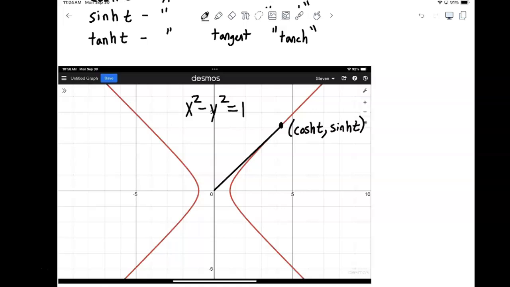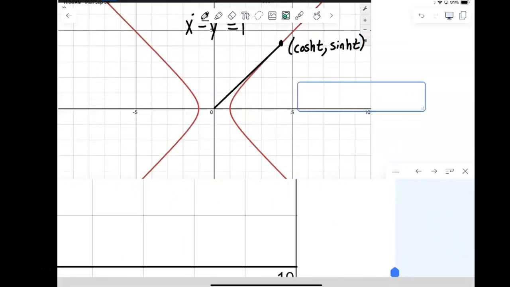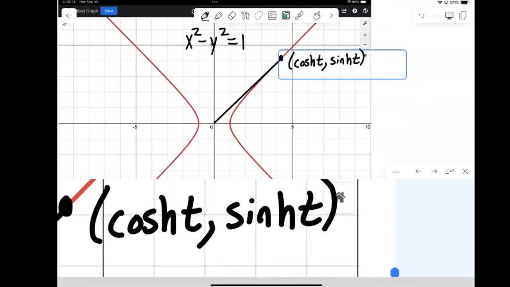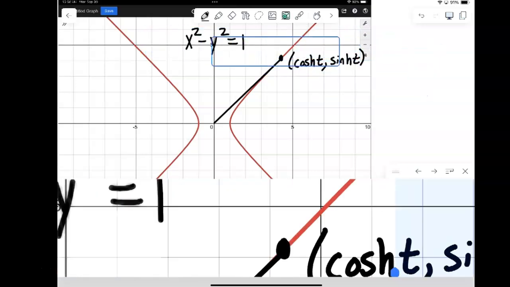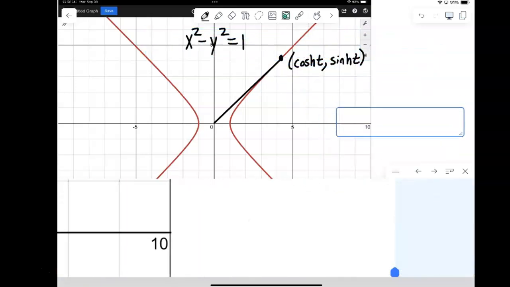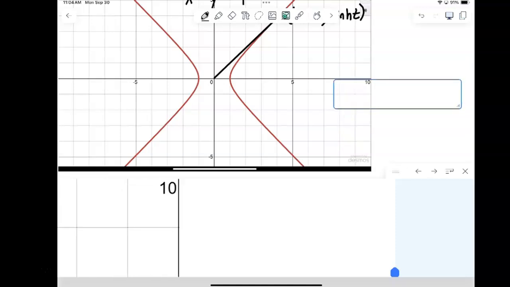Okay, and it turns out from that definition, since they are points on the hyperbola, then an immediate consequence is that if cosh is the x-coordinate and sinh is the y-coordinate, and they're points on that hyperbola, then they must satisfy this identity.